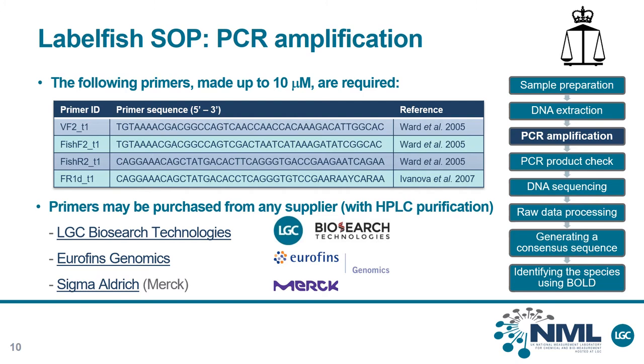A negative control containing only water should be included, as well as a positive control containing a fish sample of known origin. The cycling conditions are specified in the SOP. Once amplified, samples should be stored at 4 degrees in the short term or -20 in the long term.